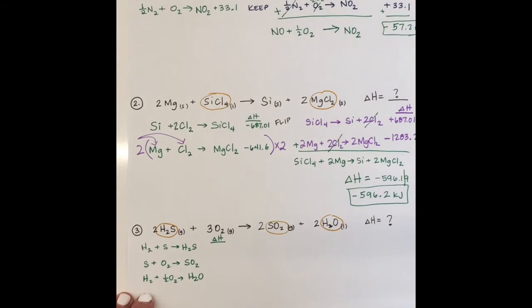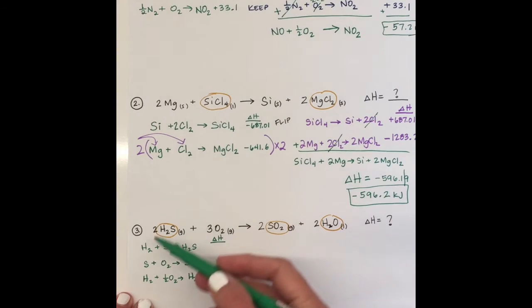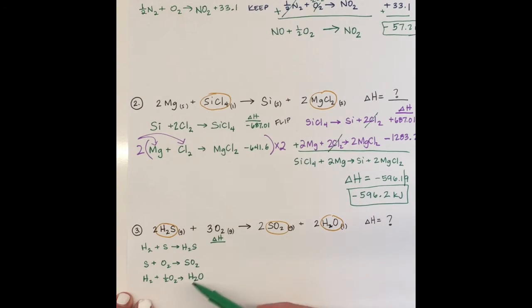You can speed through this, and you really should be doing this on your own and using me for guidance. I'm going to shut up and just start writing. But write the formation equation for each. I'm looking up the delta H.